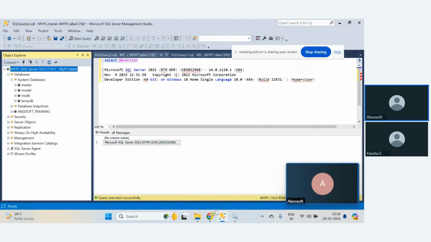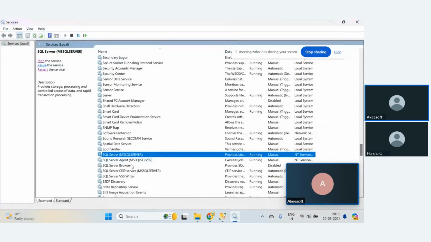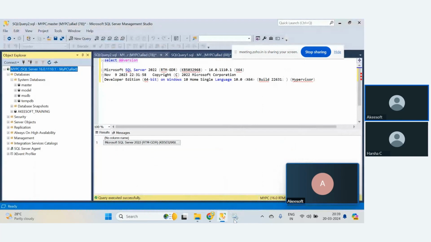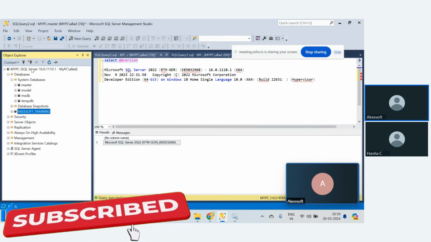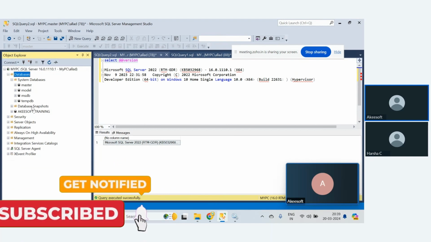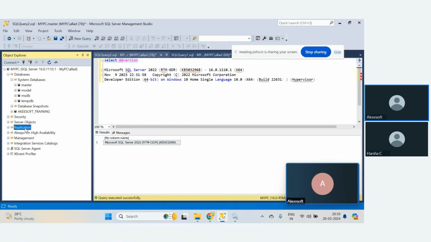Think of it as just connecting to a software which is running. If we connect, we can see this information: system databases, instance name, databases, snapshot, security, objects, replication, AG feature, management, integration services, agent.